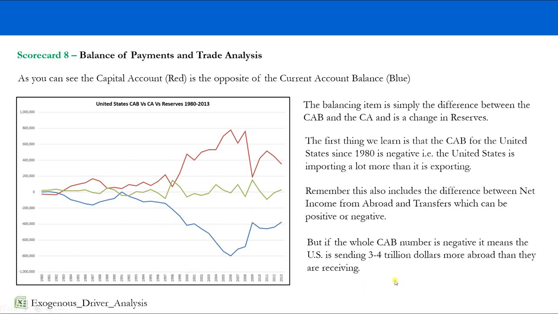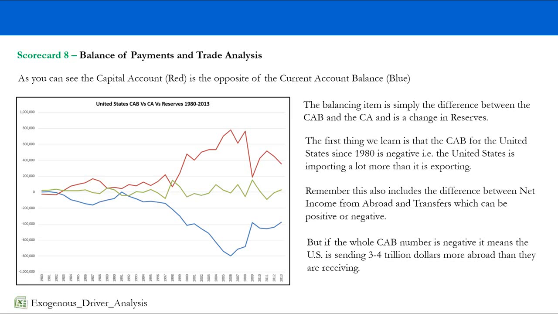So this is the exports minus imports number. So they're essentially importing a lot more. But also just remember that this includes the difference between net income from abroad and transfers. So that's also in the equation. And that number can be positive or negative.